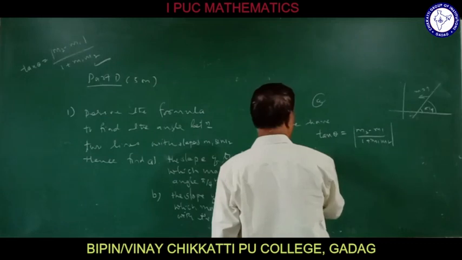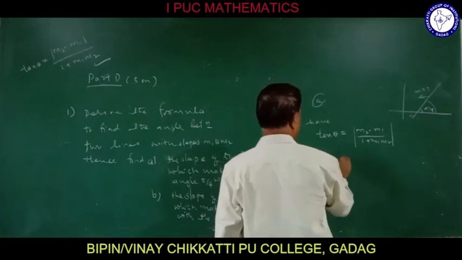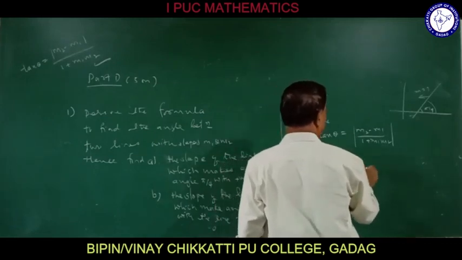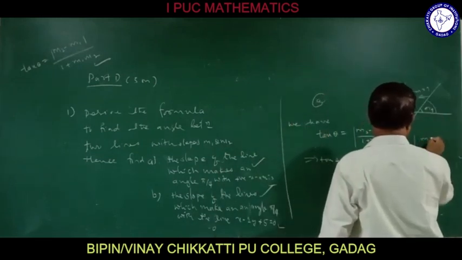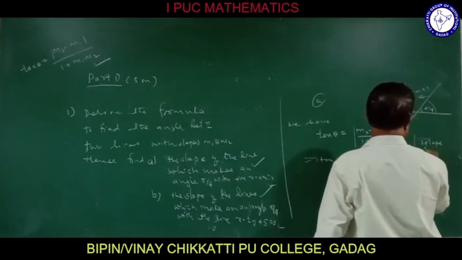So theta is given here as 45 degrees. Try to understand the slope of the line.